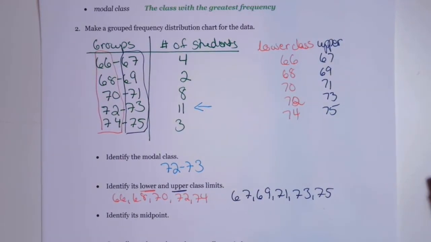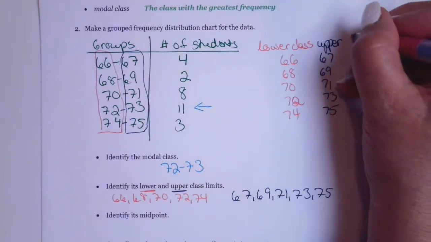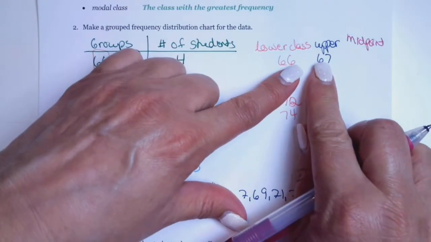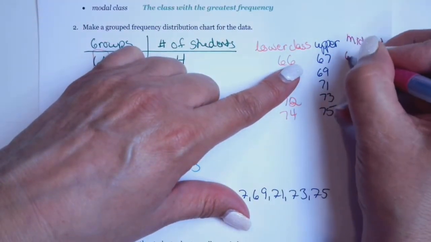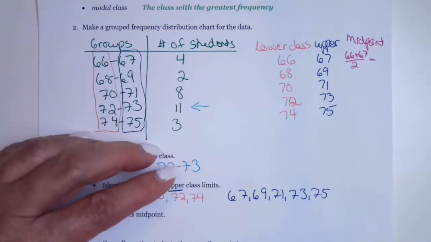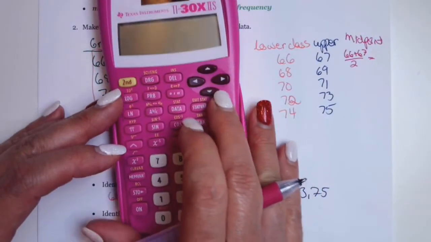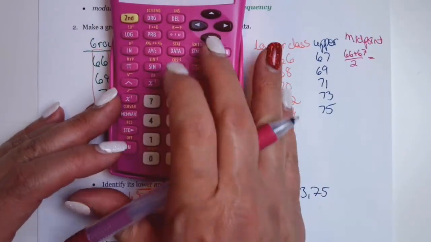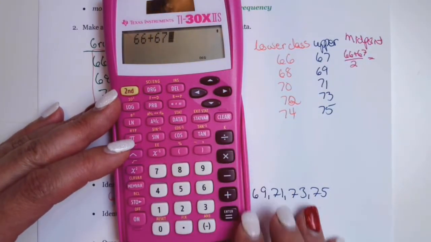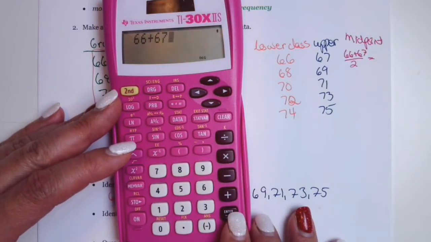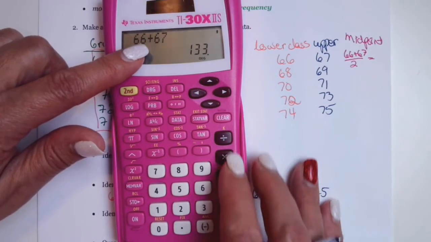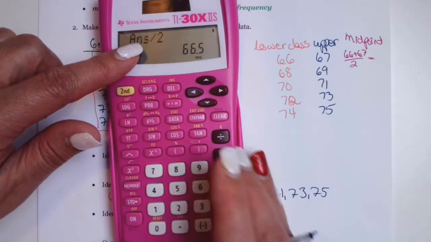So now for the midpoint, we're going to add these. So 66 plus 67 and divide by 2. When we do that, 66 plus 67, and make sure you hit enter, divided by 2 is 66.5.